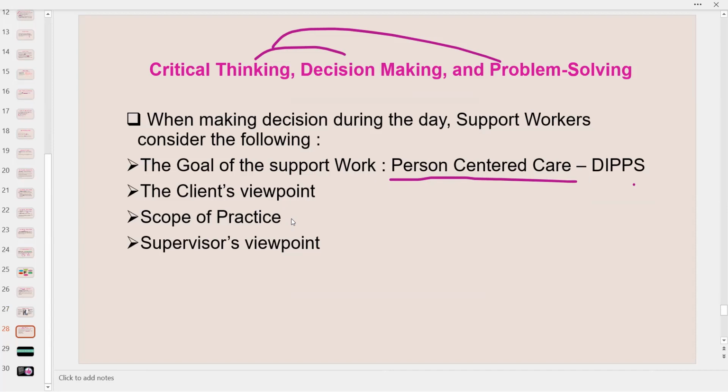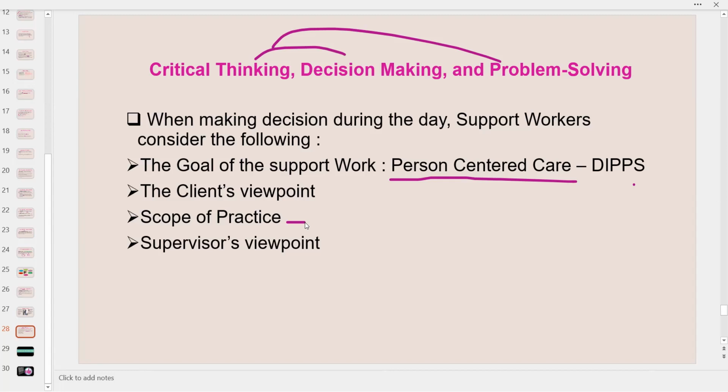Next is the scope of practice. You have to consider whether you're allowed to do a certain procedure. Is it part of your training? Are you allowed to do this without the supervision of your supervisor?